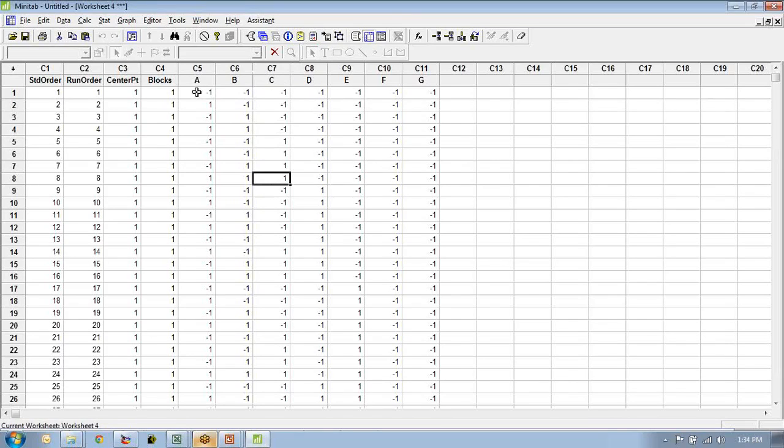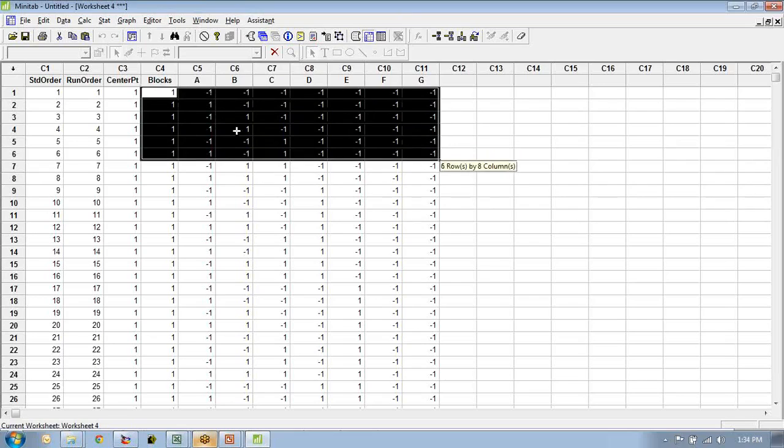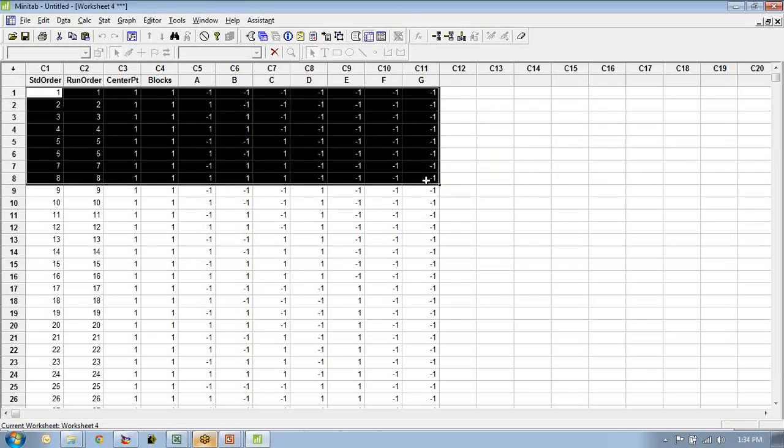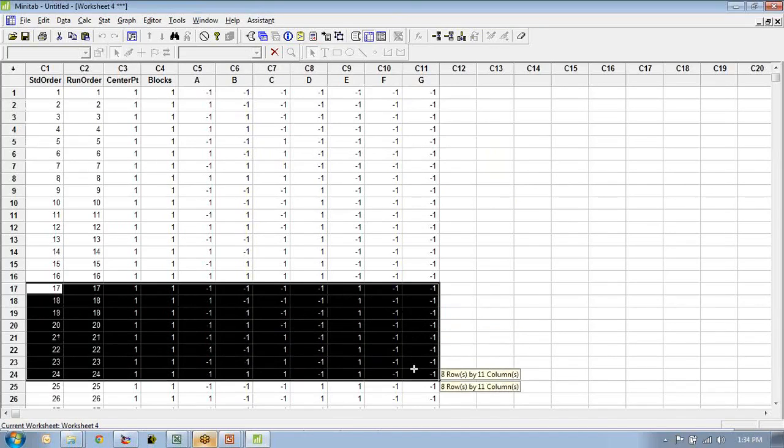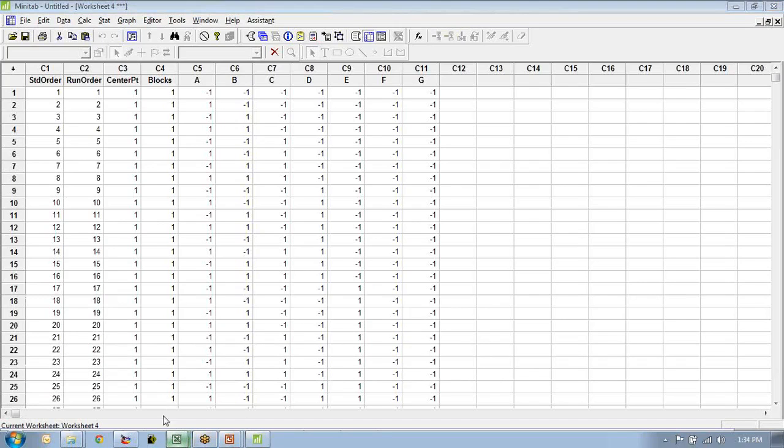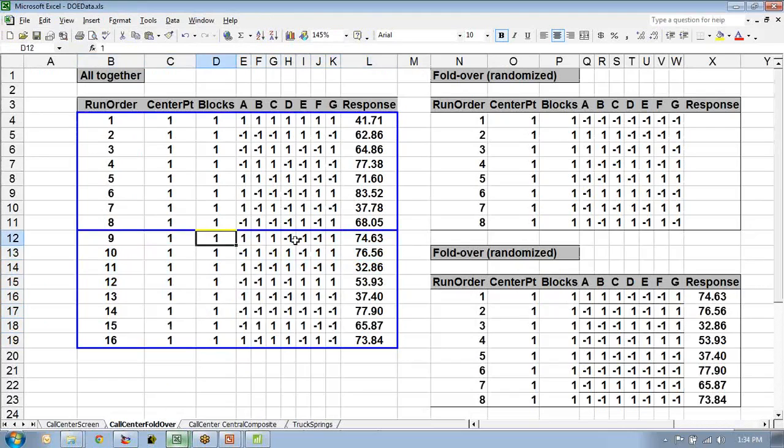If you took a certain block of 8, which is what we have already done, then you could take another block of 8, and that block of 8 would make up your full 16 if you did it in a smart way. One of the tricks is what's called a fold over.